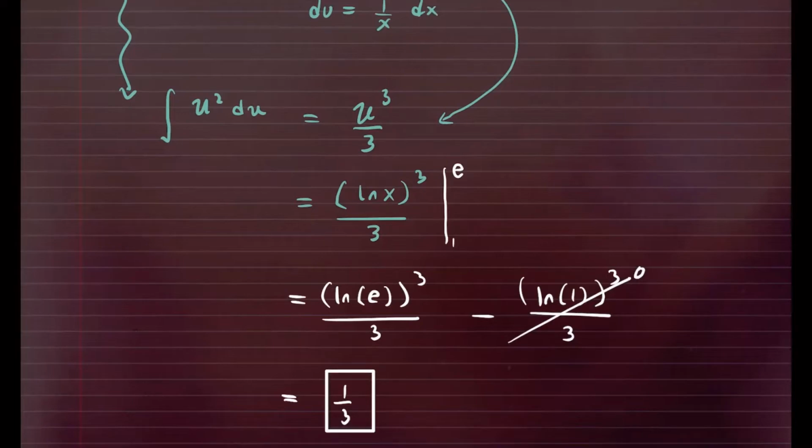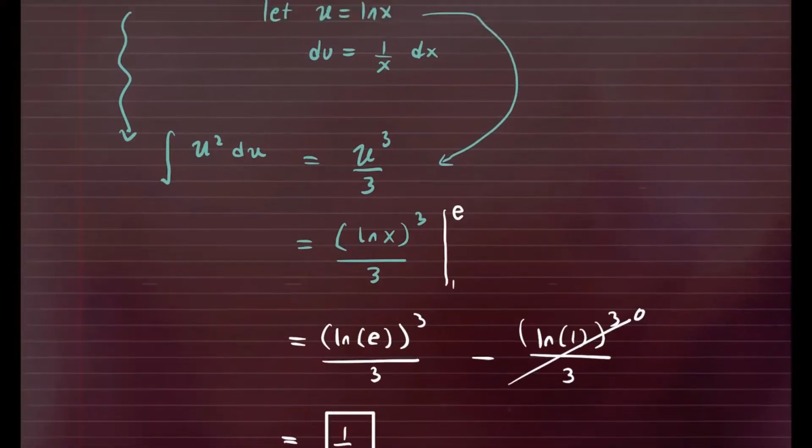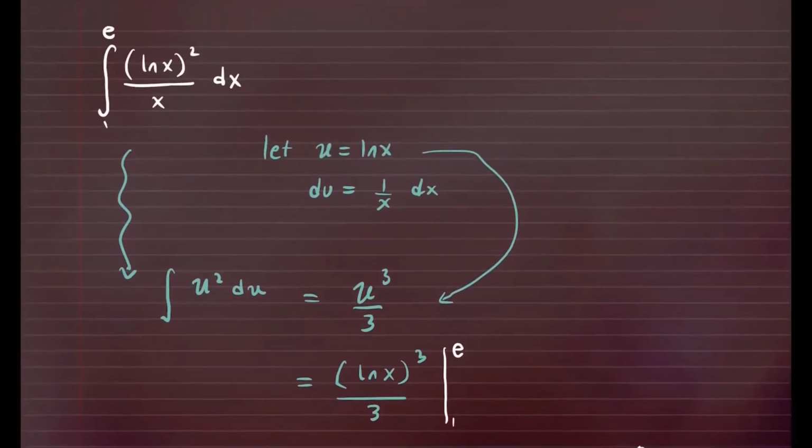So this is one way to do it. Another way to do it is to take the substitution and change the limits of integration. So here's the second method to this type of problem. If I selected u to be ln of x, that means when x is equal to 1, since these are the limits of integration for x, then u has to be ln of 1, which is 0.